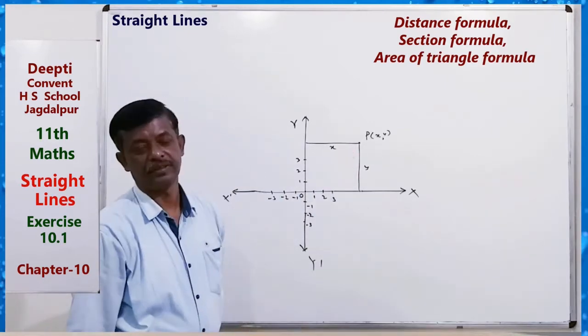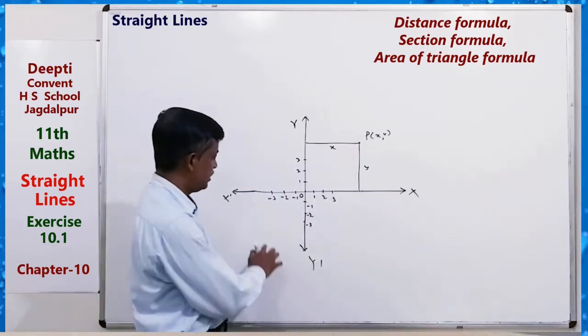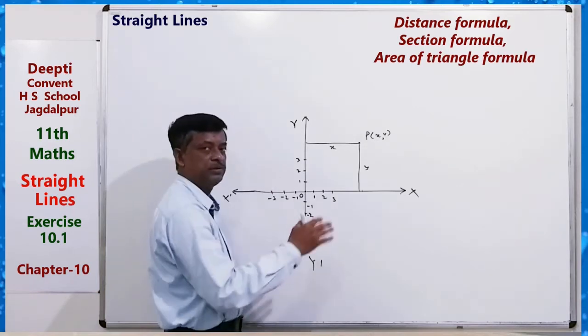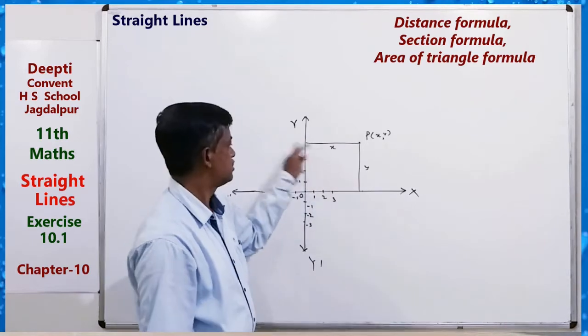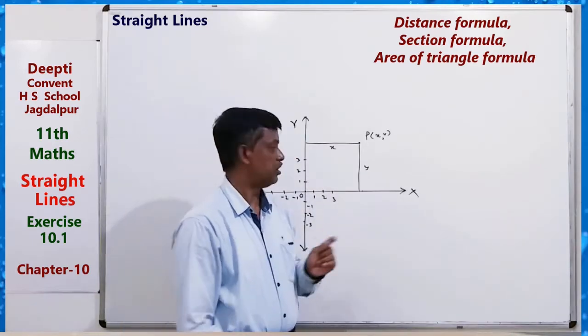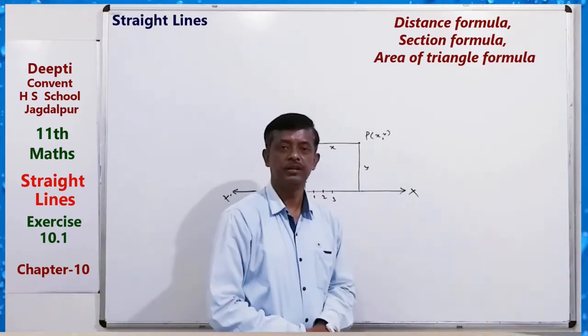So the point is (x, y). Similarly there are negative and positive distances, and there are four quadrants: first, second, third, fourth. So we can represent a point in this plane.